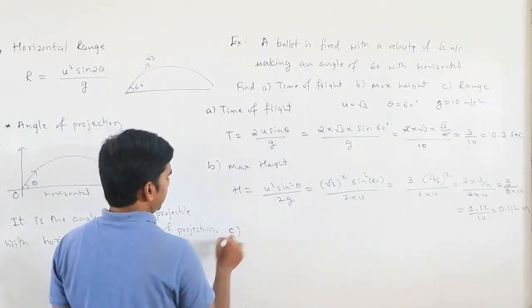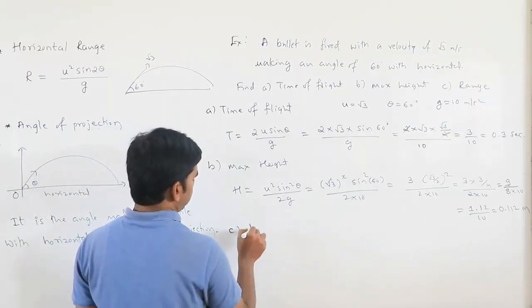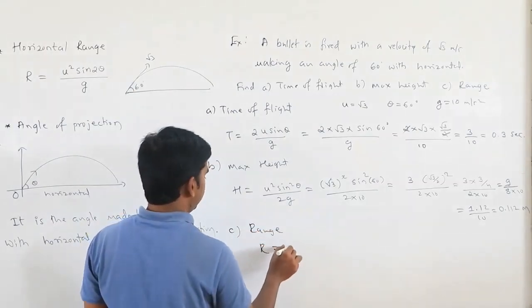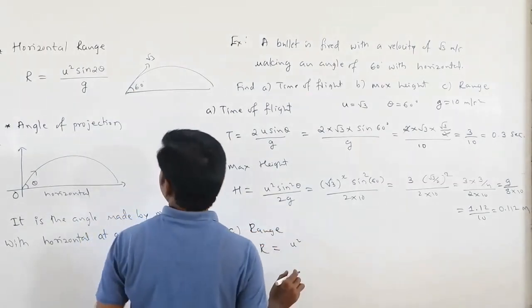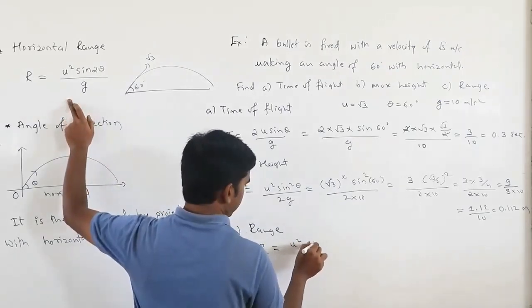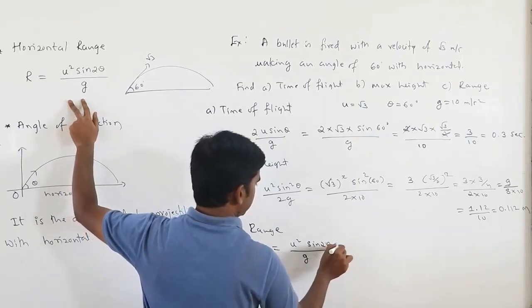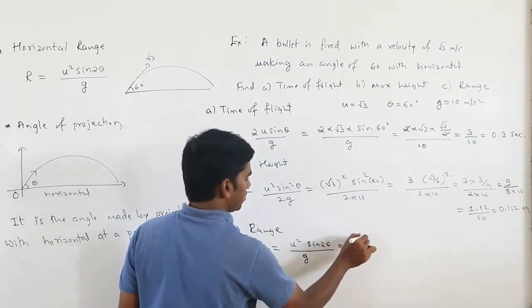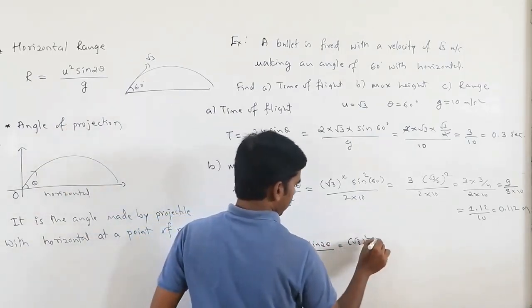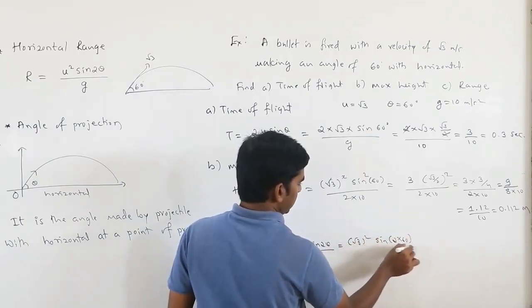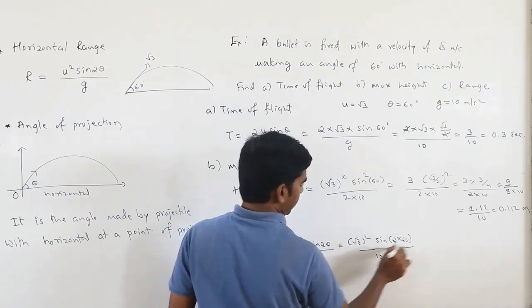So next, that is the range they are asking. So what is the formula for range? Formula for range is u square sine 2 theta divided by g. So u square means root 3 the square, sine 2 theta, sine of 2 into 60, divided by g is 10.